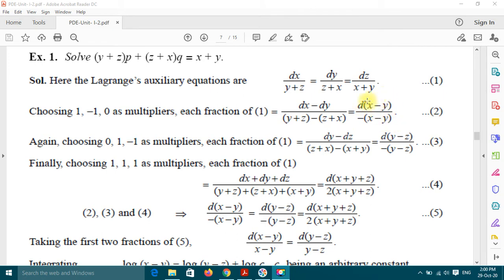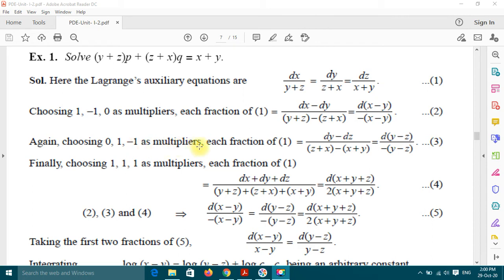Here you see this fraction is in exact differential form, so the numerator is the exact differential of the denominator. Now we suppose this is equation 2, and we again choose the multiplier 0, 1, -1.